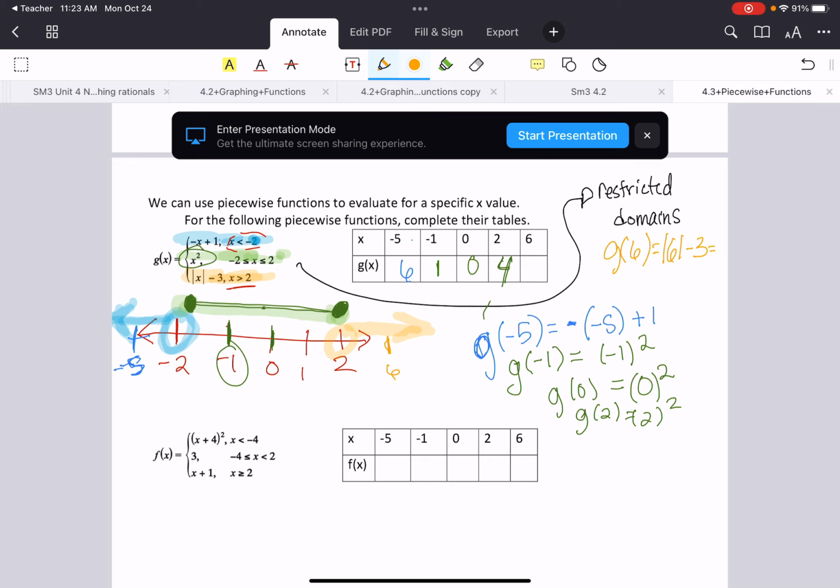Which equals, Dylan, what is the absolute value of 6 minus 3? What does the absolute value mean? Can someone tell me? It's positive. It means take the positive of it. So the positive 6 minus 3, Dylan, what's 6 minus 3? 3. Good.